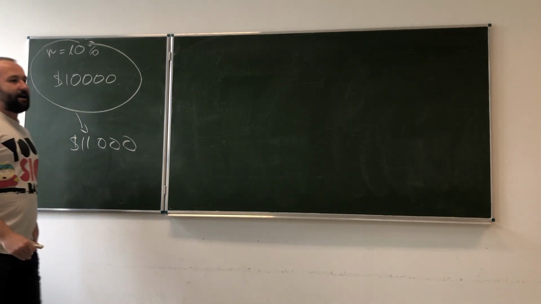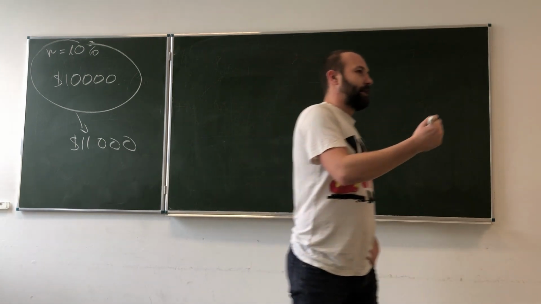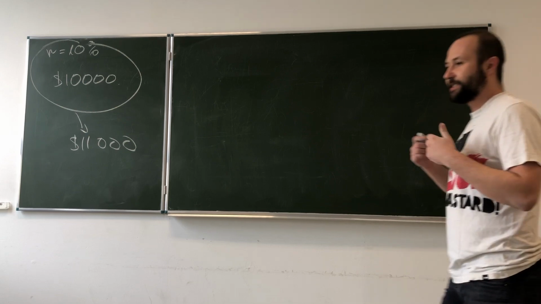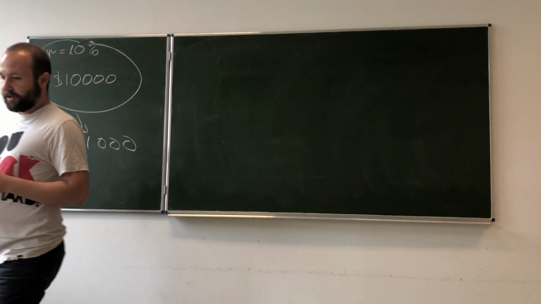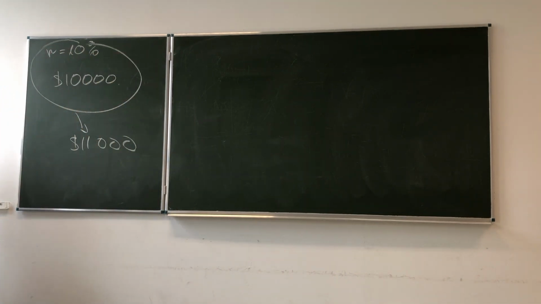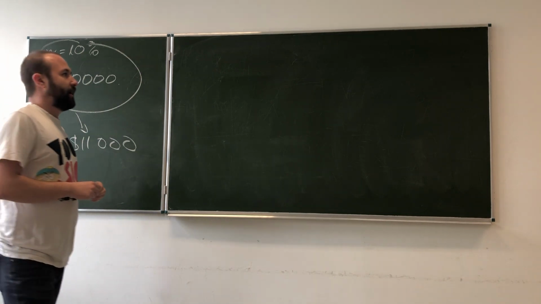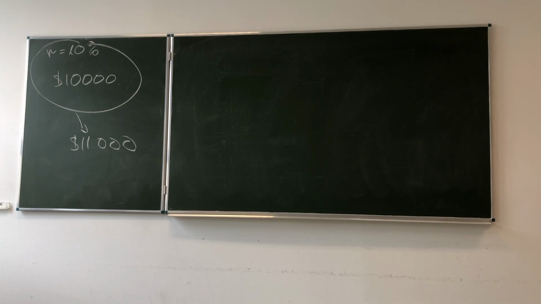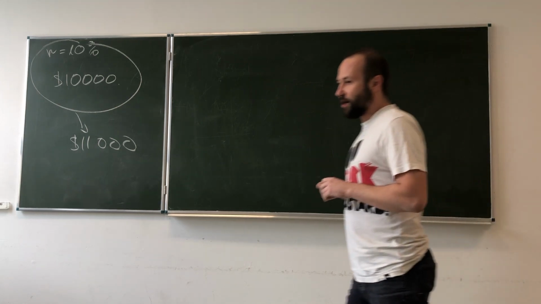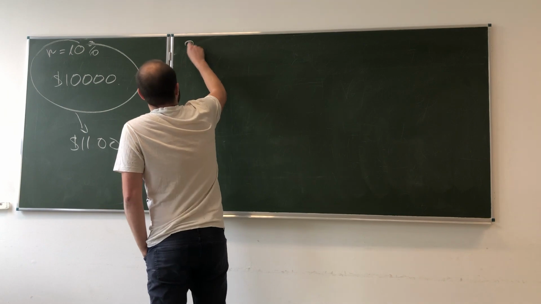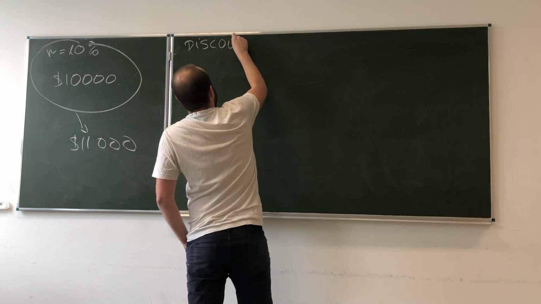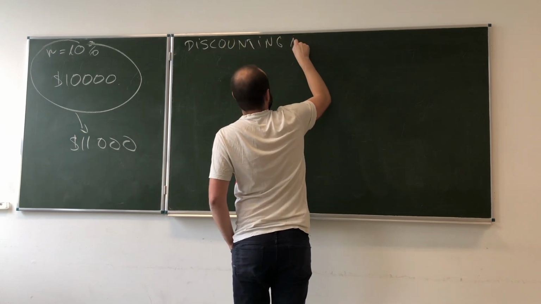So, every time we are considering some value that we are going to receive in the future, we actually need to take this into consideration, right? And look, this brings us to the topic of discounting.